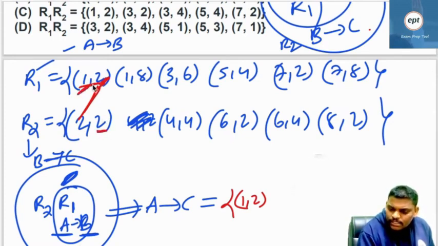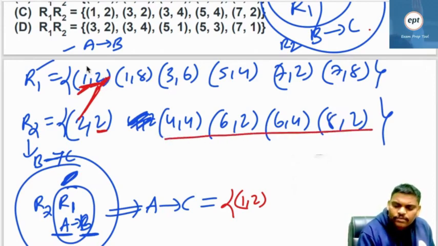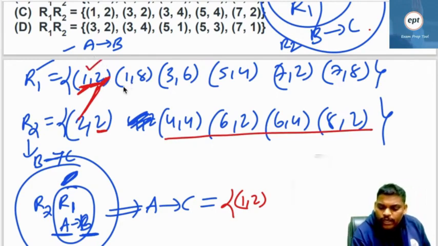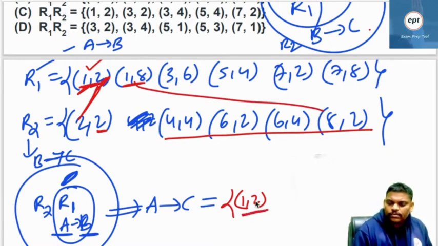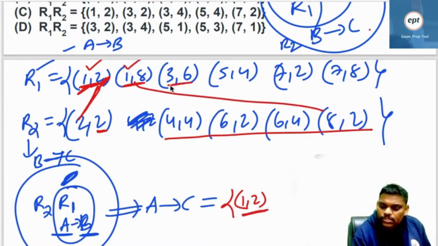In a similar way, 1, 2. Starting with 2, anyone? No. So leave it. Next one, 1, 8. Starting with 8, anyone? 8, 2. So 1, 2 is already there. So 8 is also completed. Leave it. Next one, 3, 6.